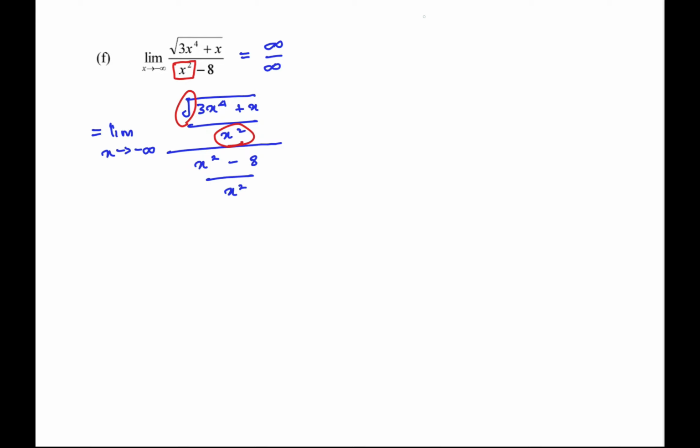We know that x equals the square root of x squared, and since here it is negative infinity, this one must be negative because it is a negative value. But now we want to find x squared, so this one becomes negative x squared.